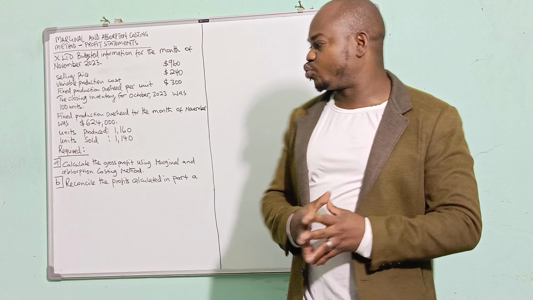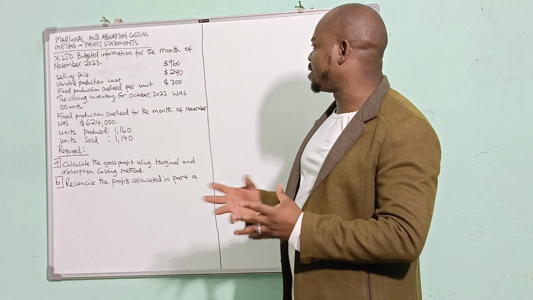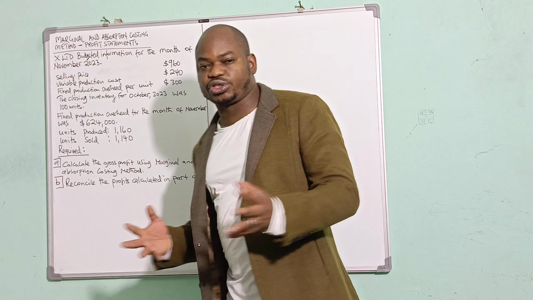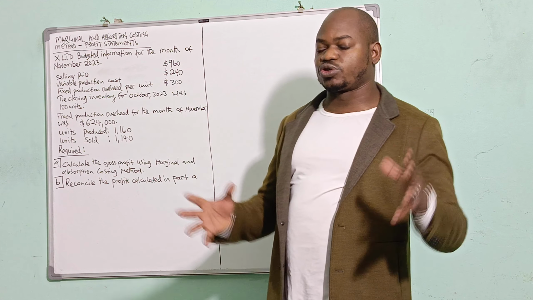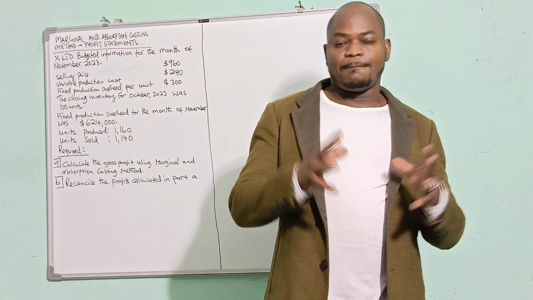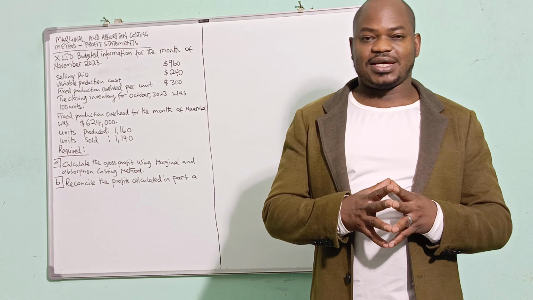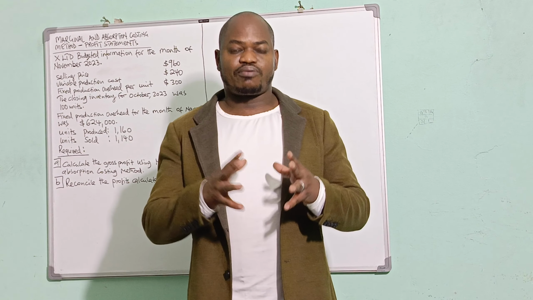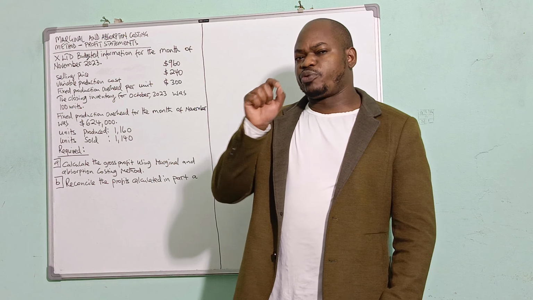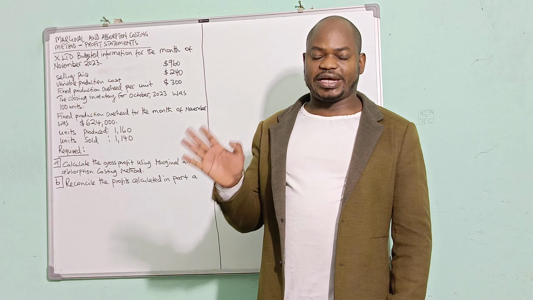The main difference between the marginal and absorption costing approaches to profit statements is that marginal costing only focuses on the variable production cost. And I emphasize, marginal costing focuses on the variable production cost, meaning only production costs that are variable in nature.